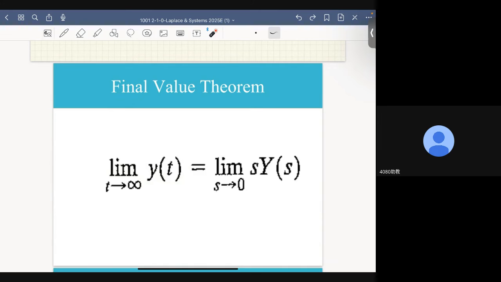We deal with algebraic equations. Now, to determine a steady state value, what you need to do in the S domain is first determine the Laplace transform of Y and then multiply it by S. And finally, assume S approaches 0 and see what happens.